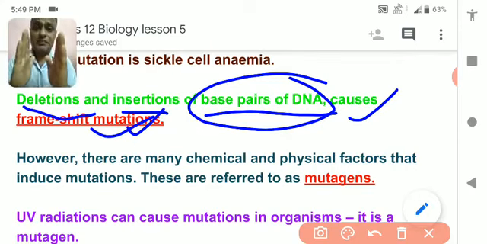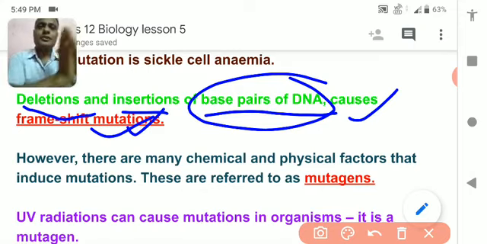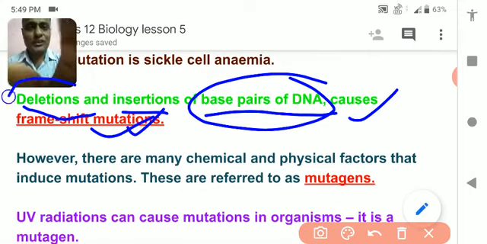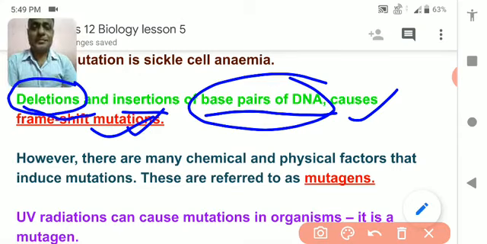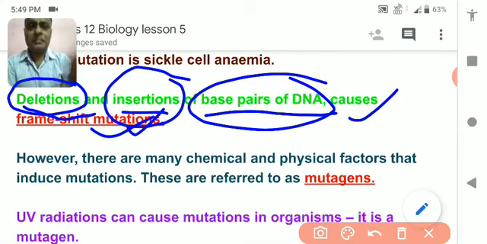Frame means piece, which has shifted from a deleted portion to an undeleted portion. So deletion is also a cause of mutation, and insertion, meaning sticking, is also a cause of mutation.